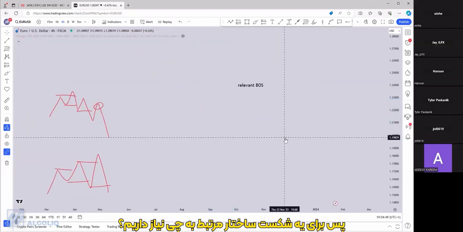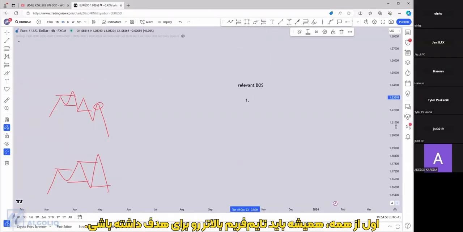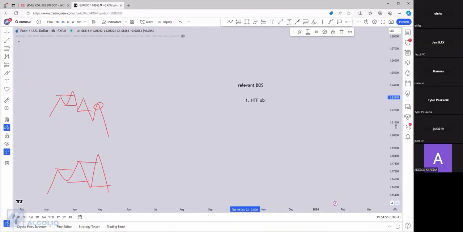So what do we need for a relevant breaker structure? First of all, high time frame objective always. Okay, remember FVG, inefficiency, liquidity, and money transfer. Second would be a breaker structure on a relevant time frame.